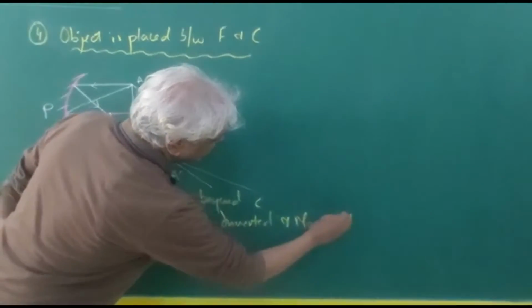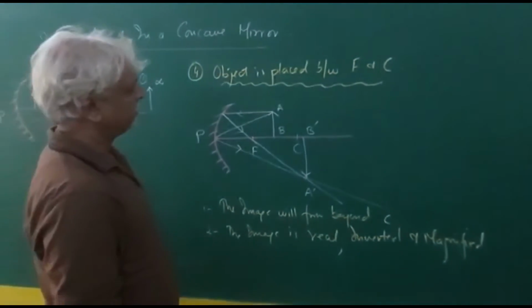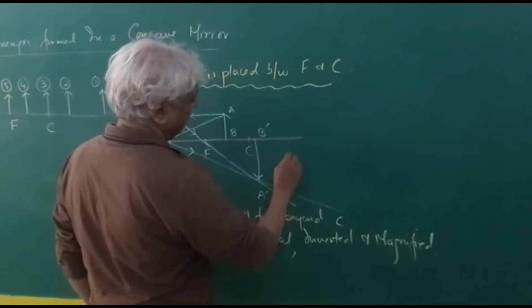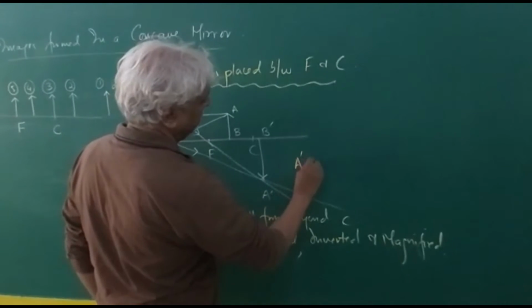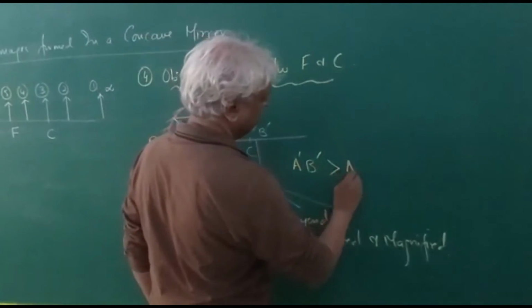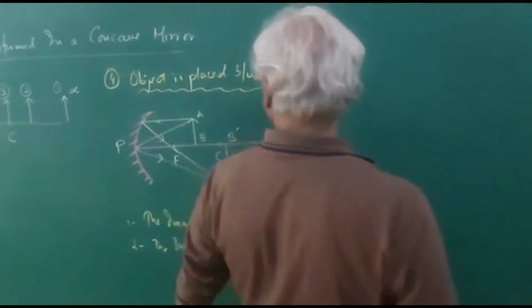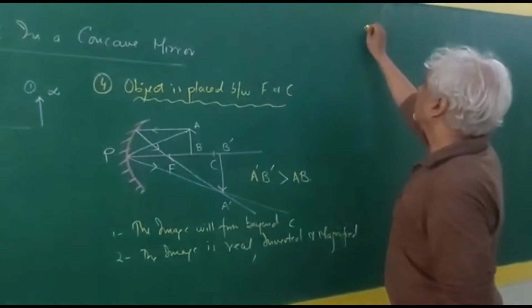An enlarged image will be formed. The image A dash B dash is greater than AB, the object.